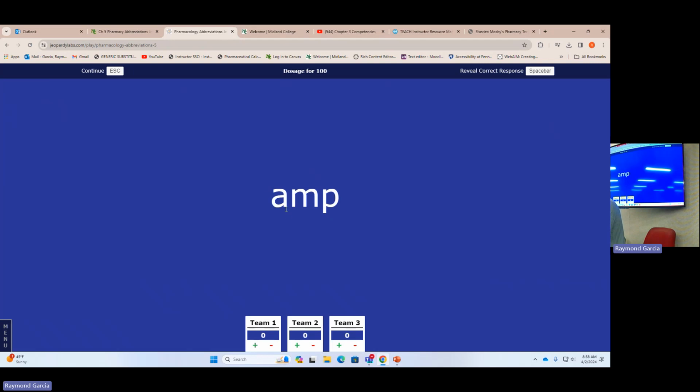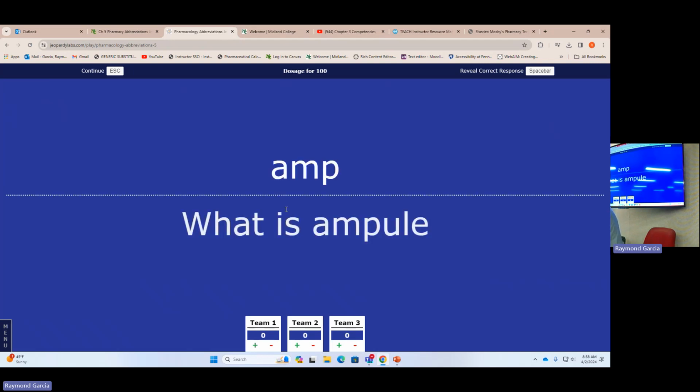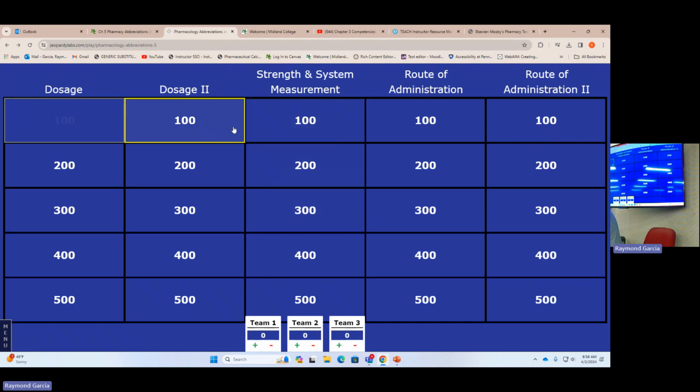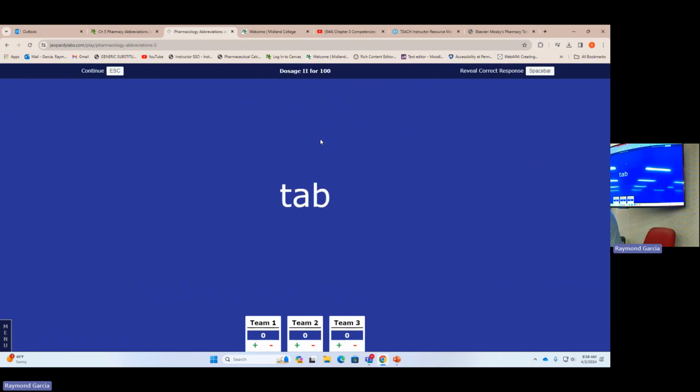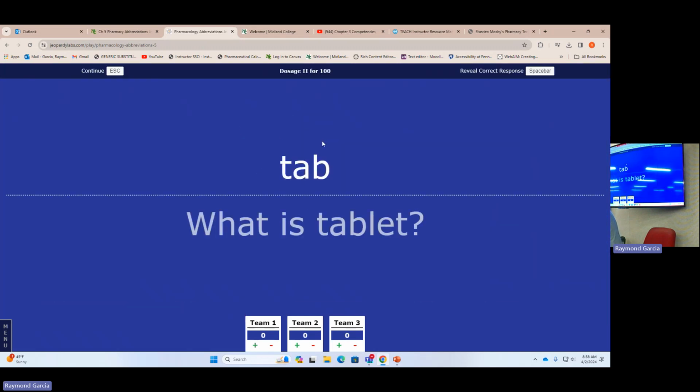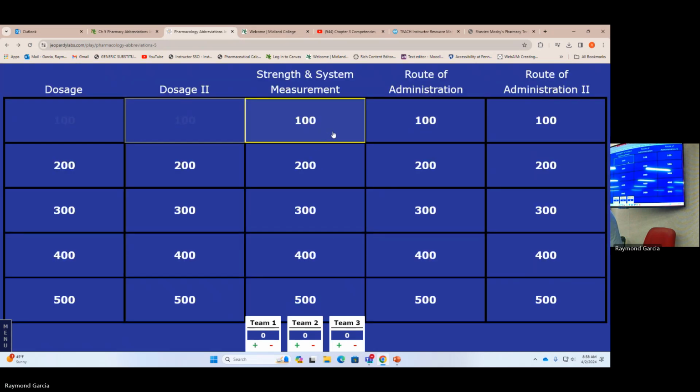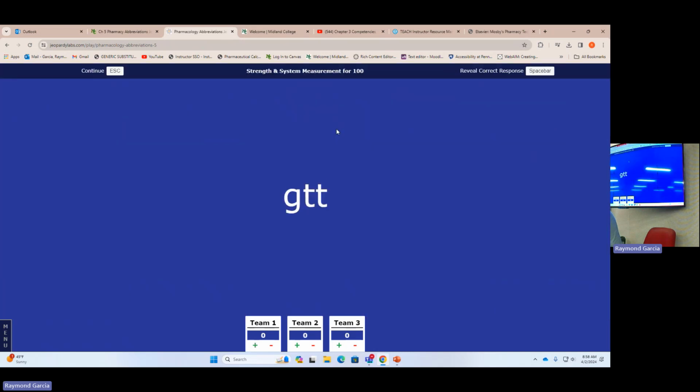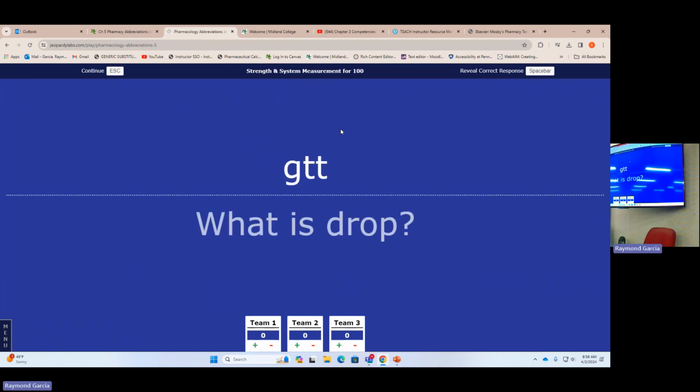Yeah, ampule. TAB. Tablet is correct. This is over strength and system measurement. GTT. Drop.